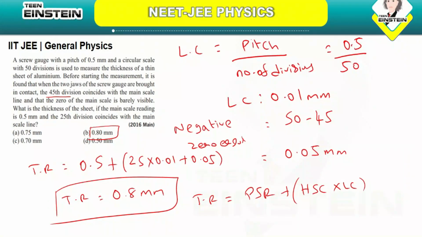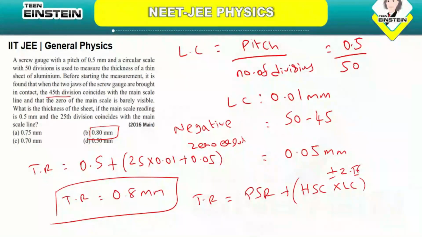Okay. So, here you need to add plus or minus the zero error or the zero correction. In some questions they will tell you the screw gauge has some kind of zero error. If it is a positive error you have to subtract, and if it is a negative error you have to add it with the head scale coincidence, so that you will get the correct value of the total reading. Okay. So, the correct answer here is option number B.